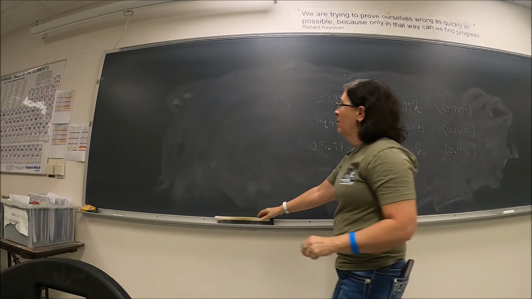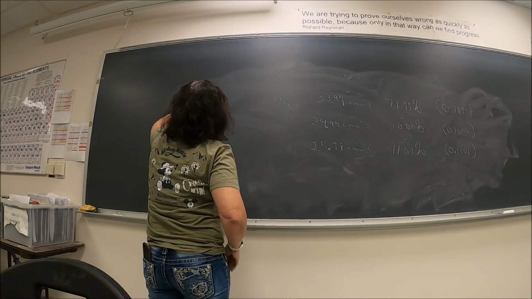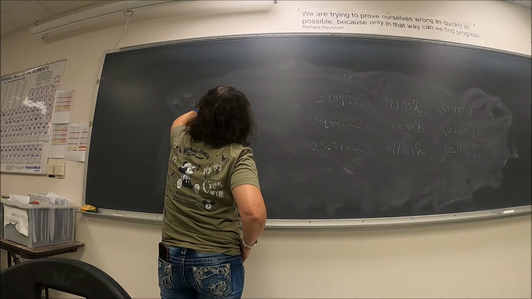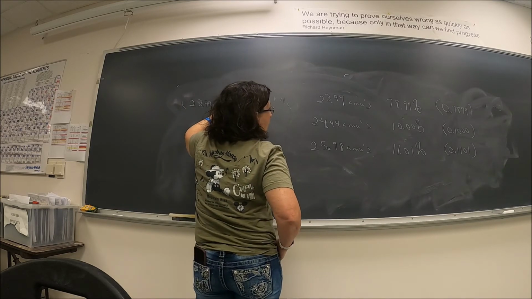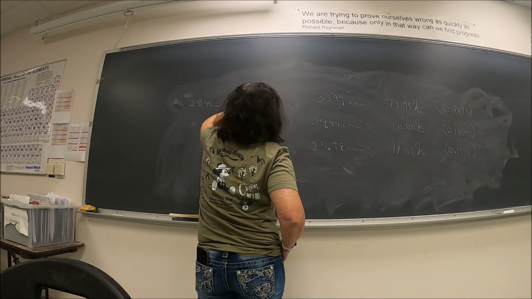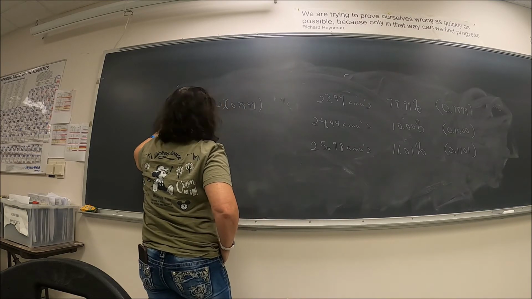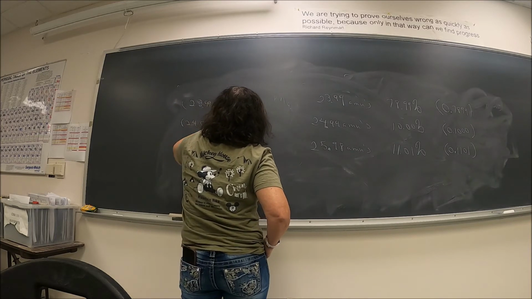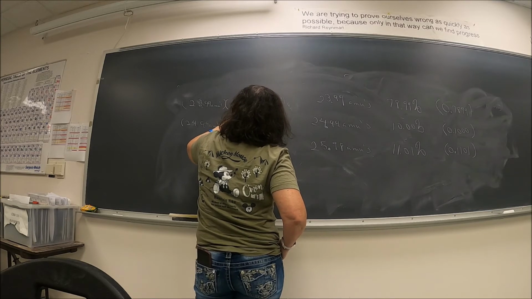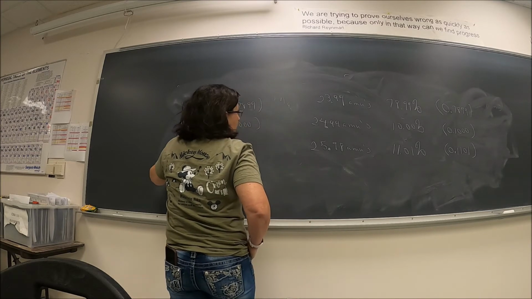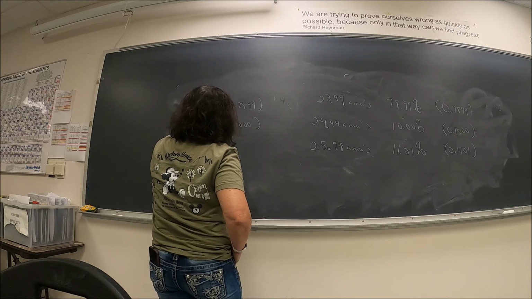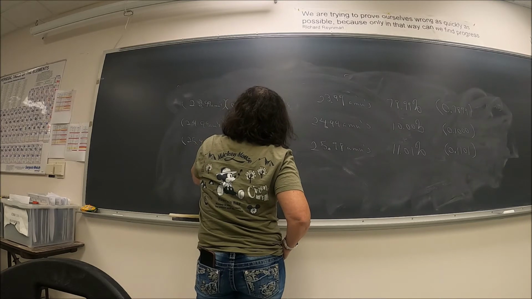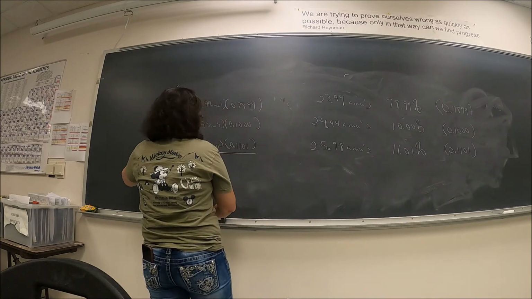So all I'm going to do is go 23.99 AMUs times 0.7899, and I'm going to add to that 24.99 AMUs times 0.1000, and then 25.98 AMUs times 0.1101, and I'm going to add those all together.